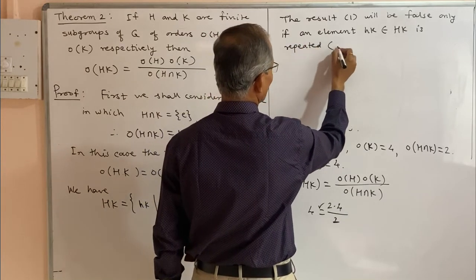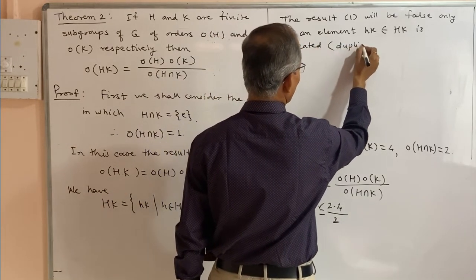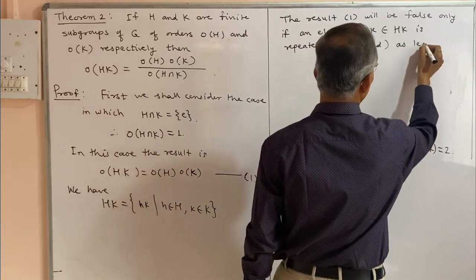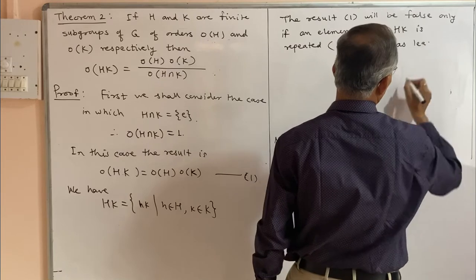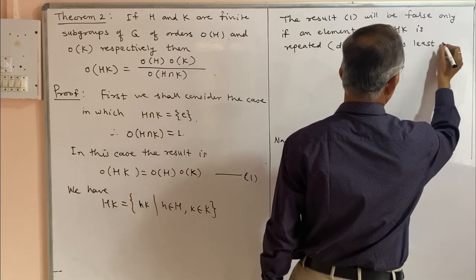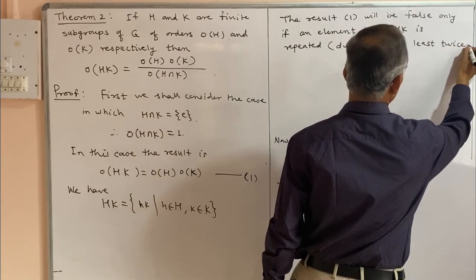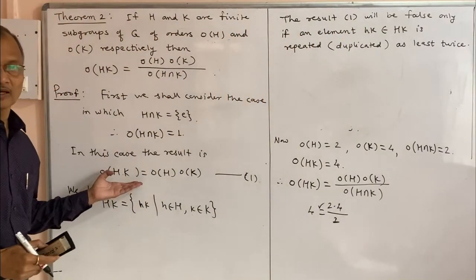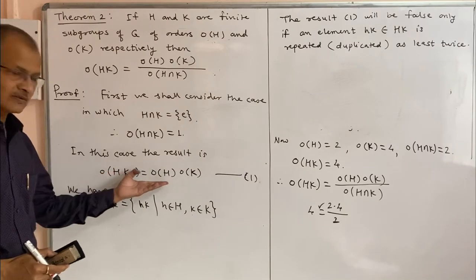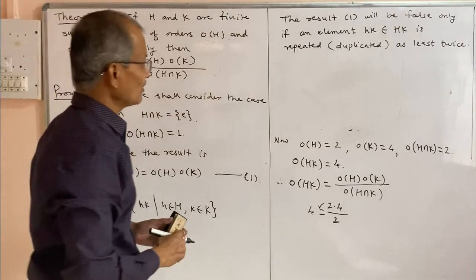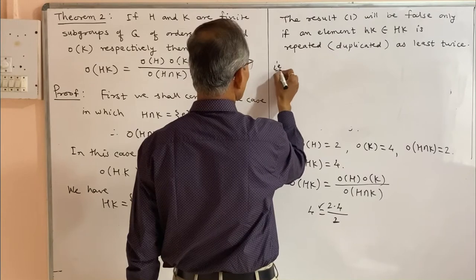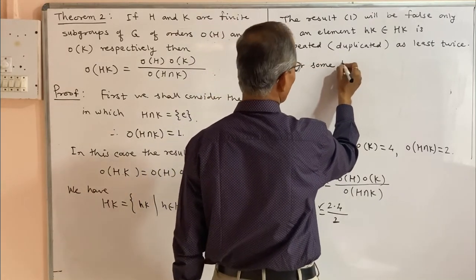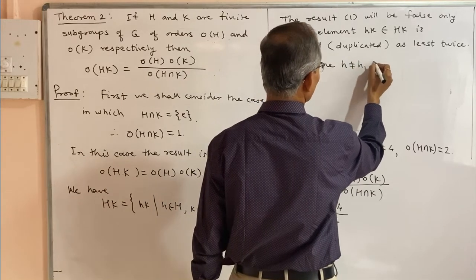Repeated, or we may say duplicated, at least twice. If the element is repeated, then this will not be true, and if it is not repeated, then this will be true. So that is for some h not equal to h1 belonging to H, when this is not true.